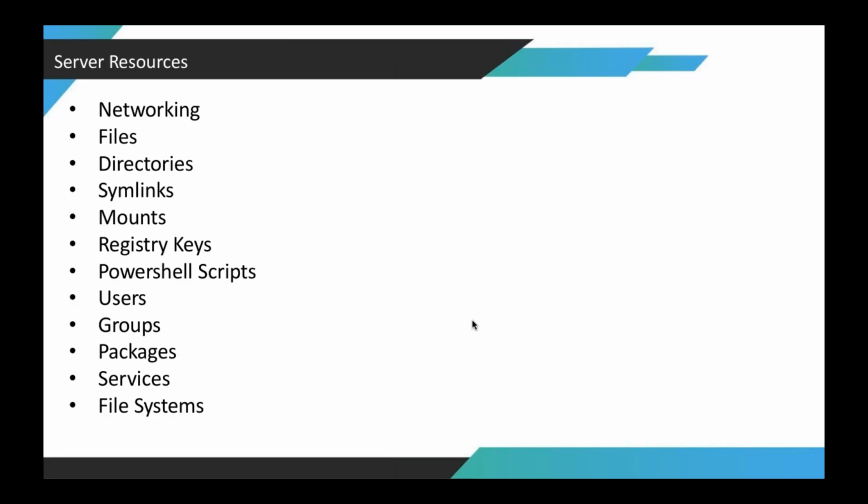And here are your server resources like networking, file, directory, symlinks. These are all the resources that you can change in order to achieve the desired state: users, groups, packages, services, file system.